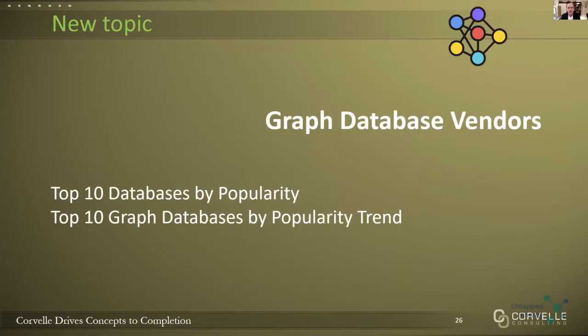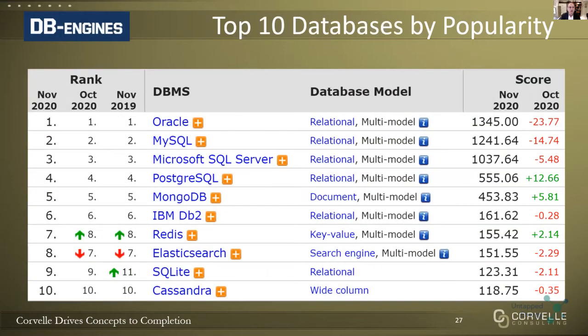Okay, so who are the graph database vendors? Let's look briefly at these, and we're going to talk about the top 10 databases by popularity, and the top 10 graph databases. Some of you may have been at this website called DB Engines. I've cut out the top 10 databases by popularity.